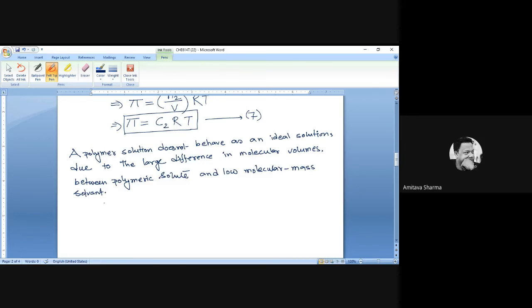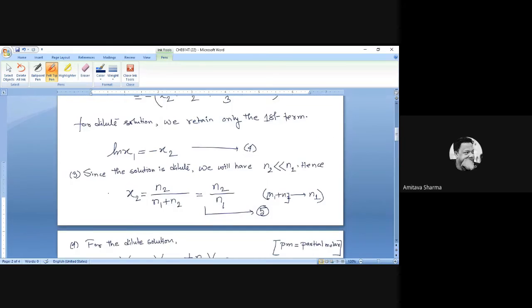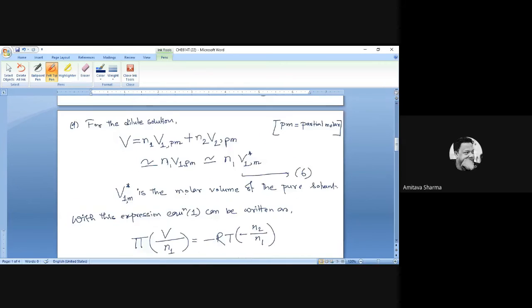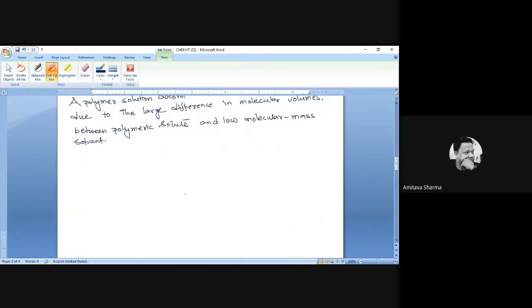So now equation 3 is accounted. What is equation 3? This is equation 3, that is the series. I can write it by not truncating any term, that is, I am not neglecting any term.